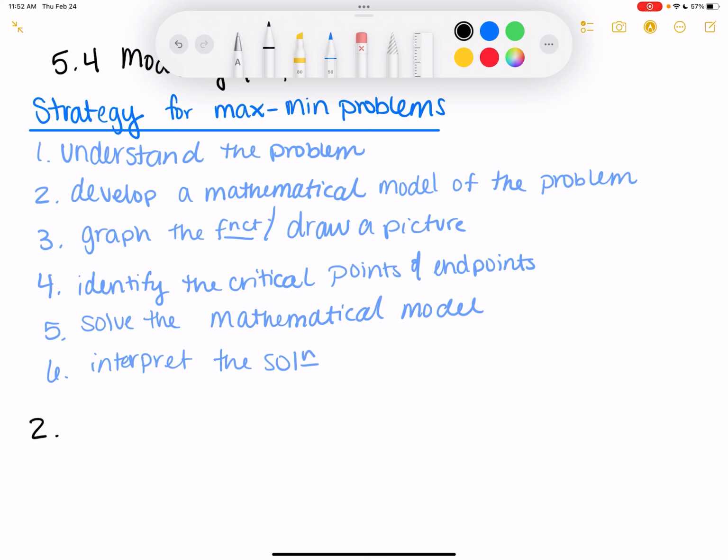I'm going to go ahead and write out what the problem is. Some of them that are really long, I may not write out, but this one's not too bad. This one is a maximizing area problem.